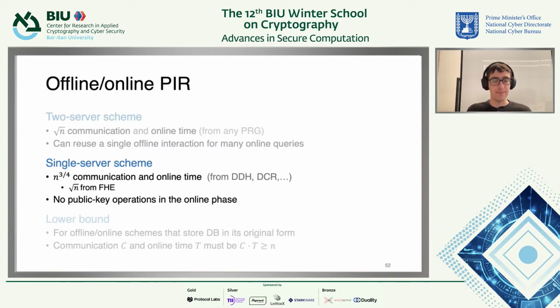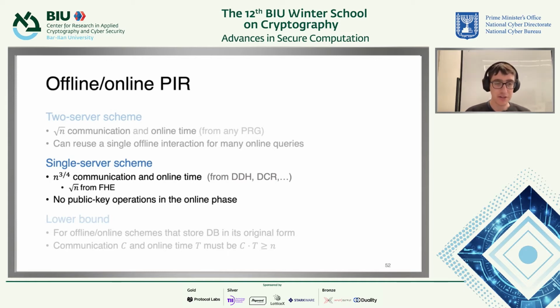Cool. So in the next part, we'll see a single server offline online PIR scheme. And the scheme that we'll see will have communication and online time n to the 3/4. So this is slightly worse, but we can construct the scheme from a wide range of public key assumptions like DDH and DCR and others.